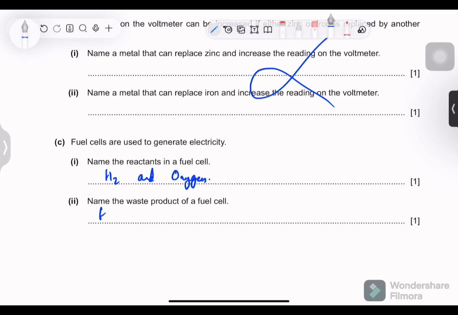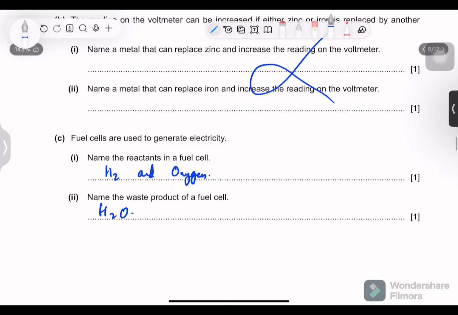The waste product is water, which is why this is a renewable process and it is very eco-friendly. You don't need to go into much detail, just the advantages and disadvantages of the fuel cell, and that hydrogen and oxygen are the reactants, and the water is the only waste product.